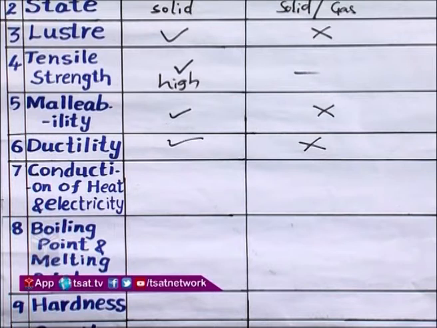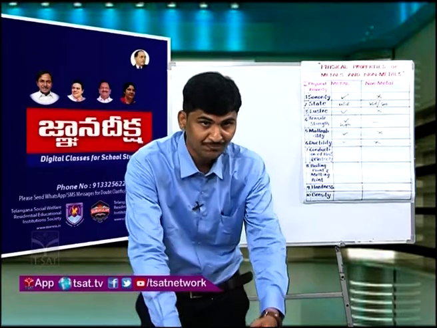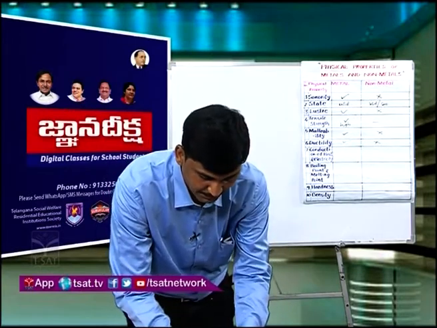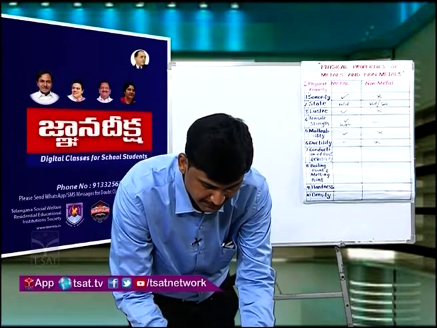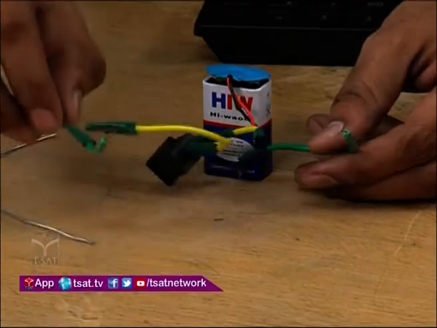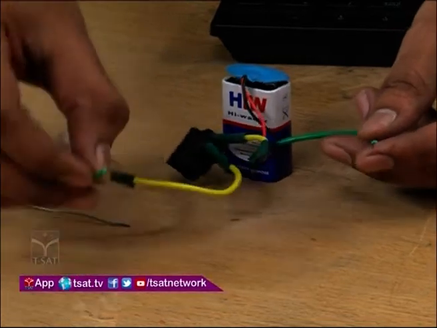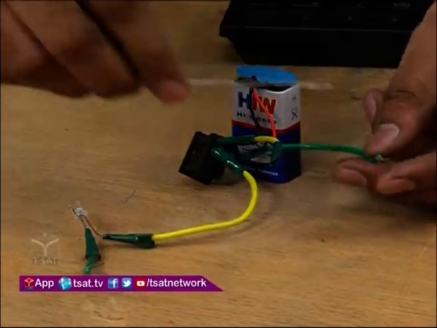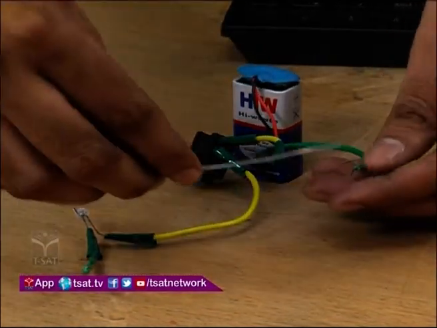Conduction of electricity by metals. You see children, here a small circuit: a battery is the energy source, a switch, connecting wires and an LED bulb. Now I am connecting, there are some gaps left to check the conductivity. So now I am connecting the aluminum wire in this circuit.